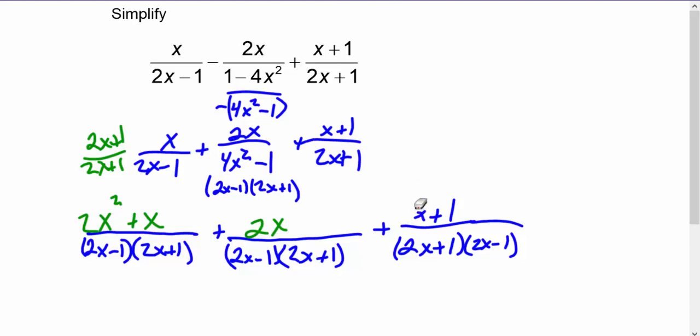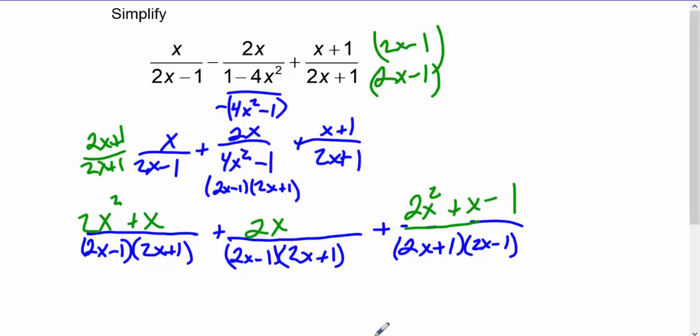And then on the last term, I notice I've got to go 2x minus 1, needing a FOIL. So when I do that, that's 2x squared, minus x plus 2x is plus 1x, minus 1.